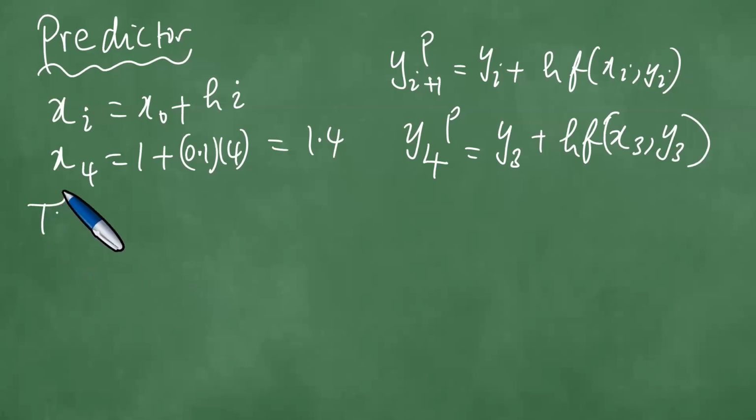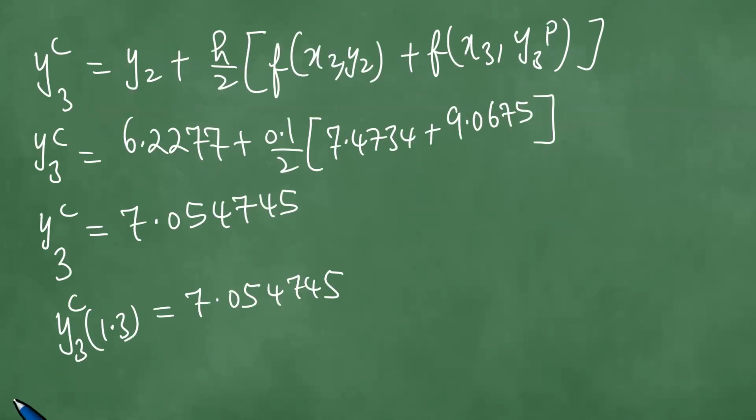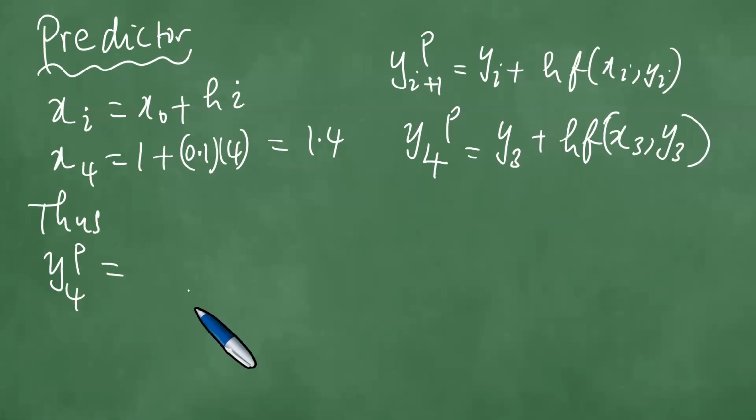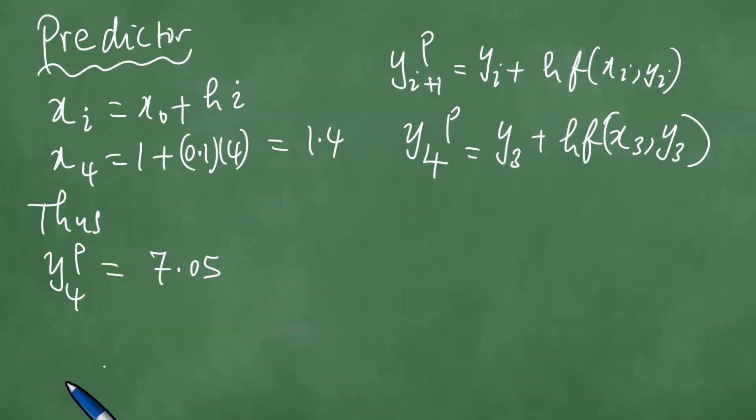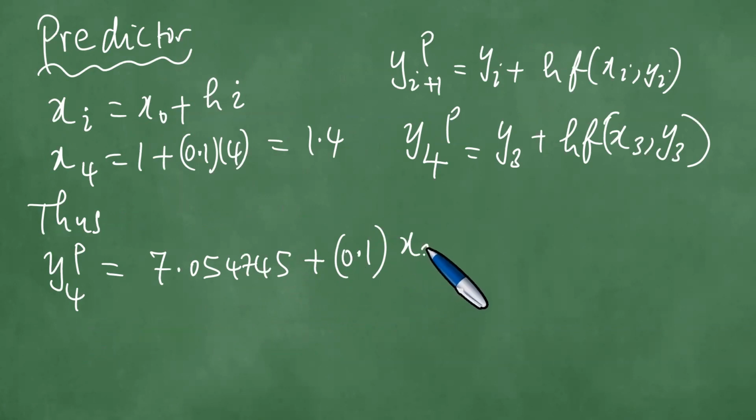Thus, we have the y4 predictor is y3, which is exactly the preceding corrector value, 7.054745. The table is going to make it clearer. h we already know is 0.1 in this question. And then this one is going to be x3, y3.